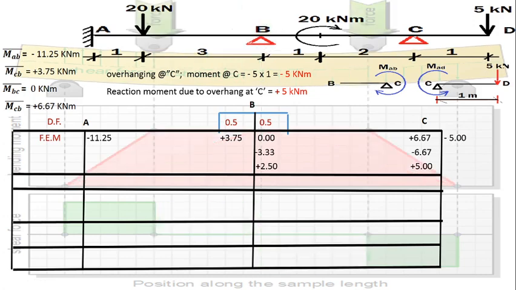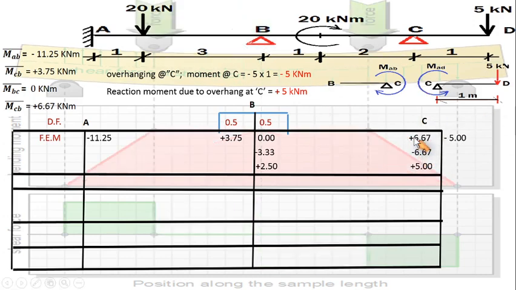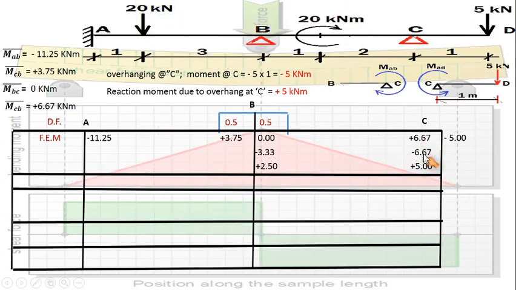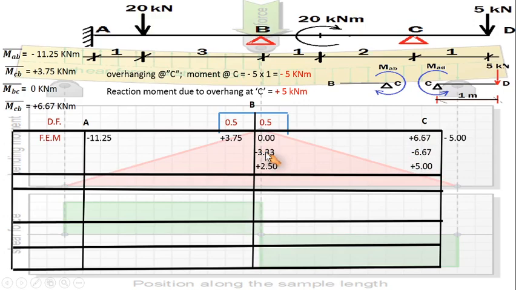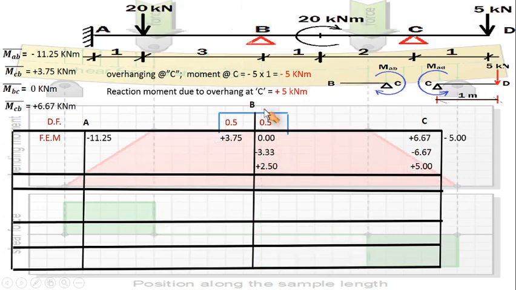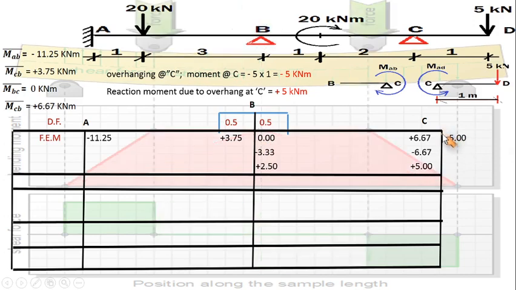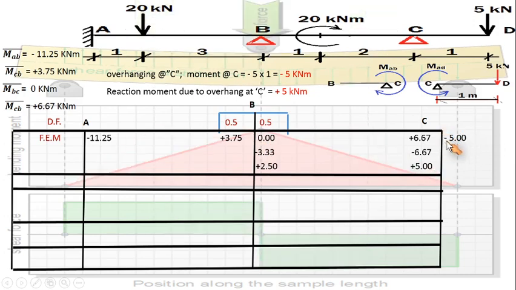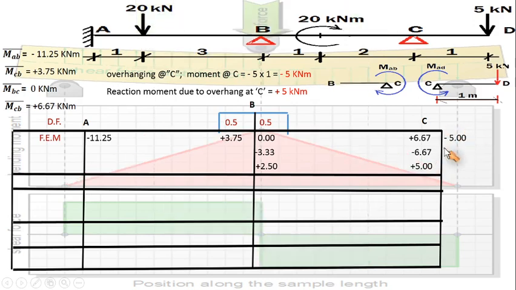So first we nullified the effect of MCB. So plus 6.67 minus 6.67 equal to 0, and half of this has been transferred to the far end. So minus 3.33 about point B. As far as this is concerned, MCD equal to how much is it? Minus 5. So to nullify that effect, plus 5 is to be added.